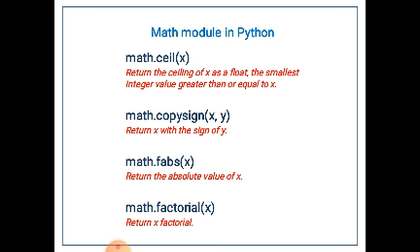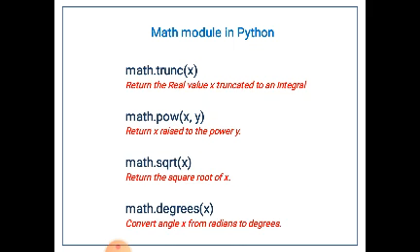Next one, math.factorial(x). Here we get the factorial of x, whatever the value that has been given here. Next, math.trunc(x). Here the real value x is truncated to an integer.